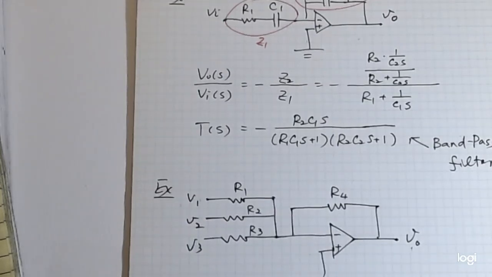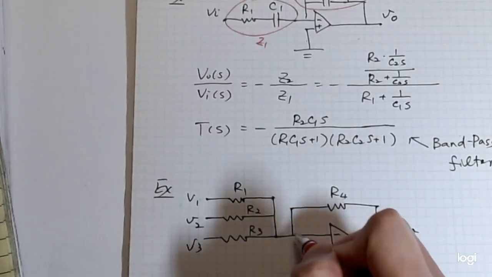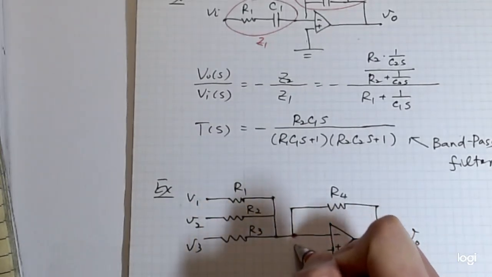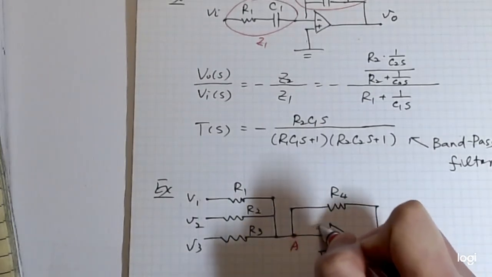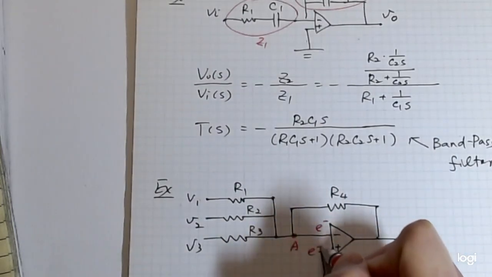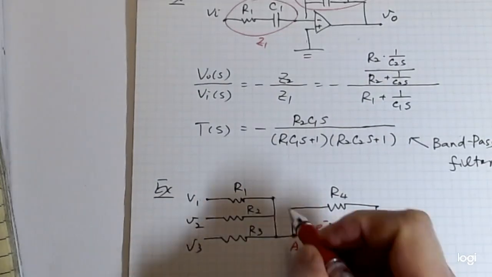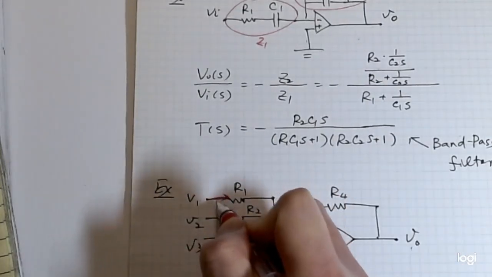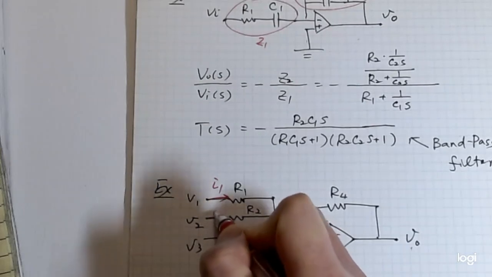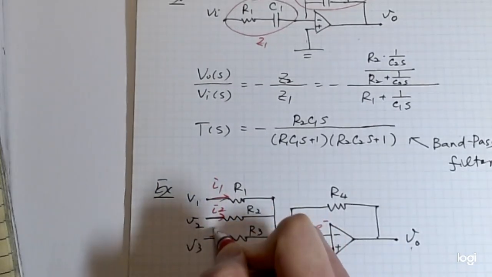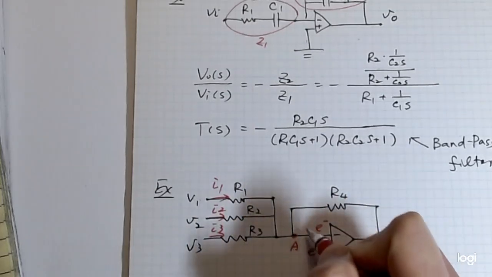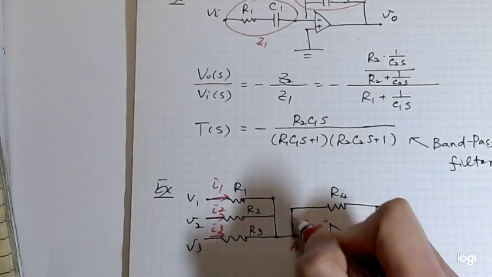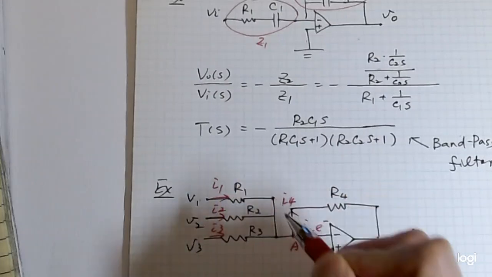Well, let's do it step by step. Let's just consider this point A, E negative, E positive at this voltage, and then we have I1, I2, I3 at this point A, so you have IA and then I4.